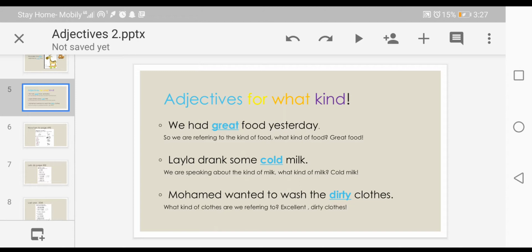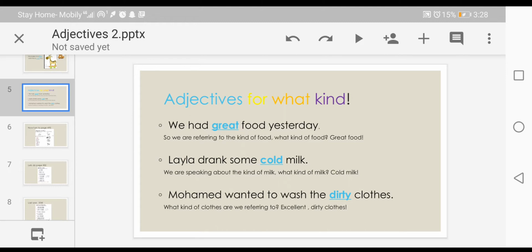What kind of milk? She drank cold milk. So we are speaking about the kind of milk. What kind of milk? Cold milk.